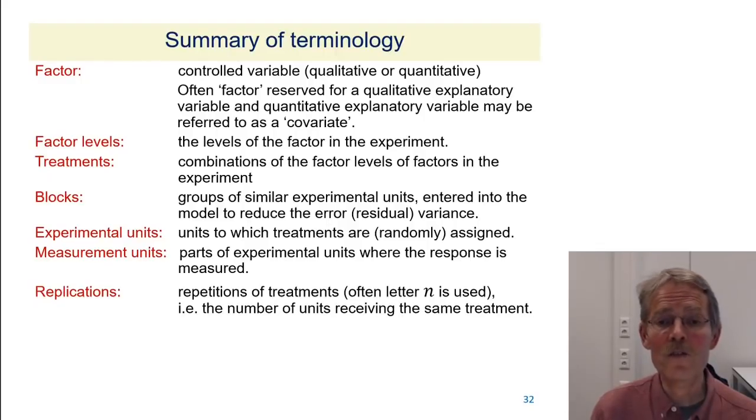You always need replication in statistics somehow. It's the number of repetitions of a treatment, and the little n letter is usually used. So the number of units that receive the same treatment, that's the number of replications. And if you start with a balanced design and no observations get lost, each treatment has the same number of observations, little n.